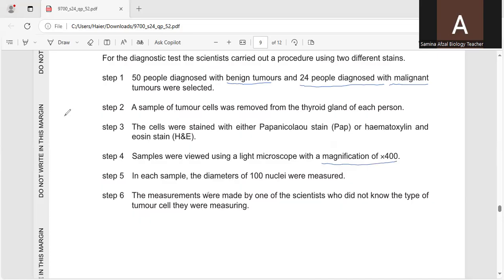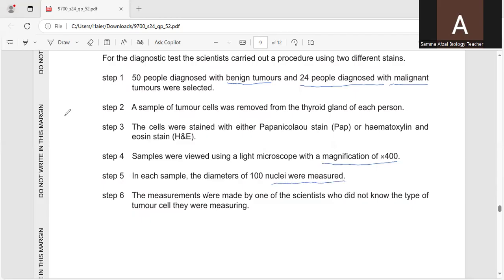The diameter of 100 nuclei was measured. So these are the two different tests which were conducted on them.